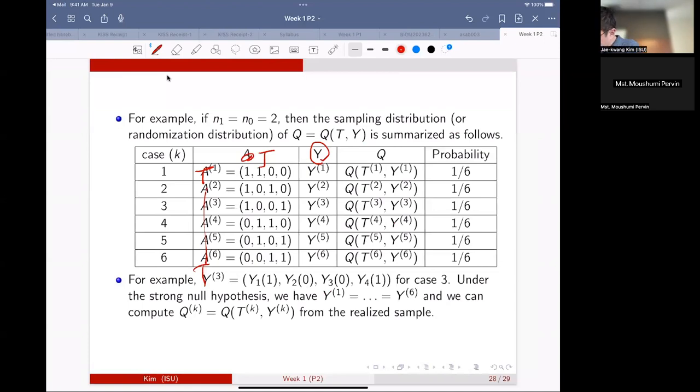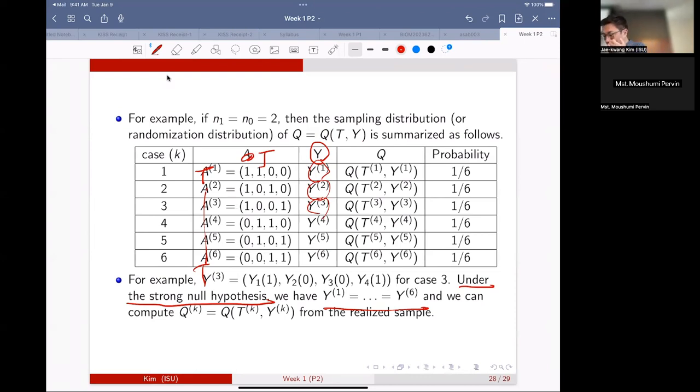But the key observation is that under the strong null hypothesis, they are all equal. Usually they are different, right? Because you have a treatment and control, you have different potential outcomes. But under the null hypothesis, there's no treatment effect. So that means your potential outcomes between the treatment and control are the same.